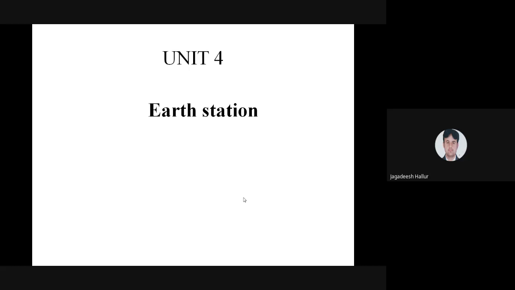In this Earth Station, they are going to calculate the respective G by T ratio, that is gain to noise temperature ratio. You have seen in the previous unit in section 1, unit number 3, that the carrier to noise ratio is directly proportional to the G by T ratio.